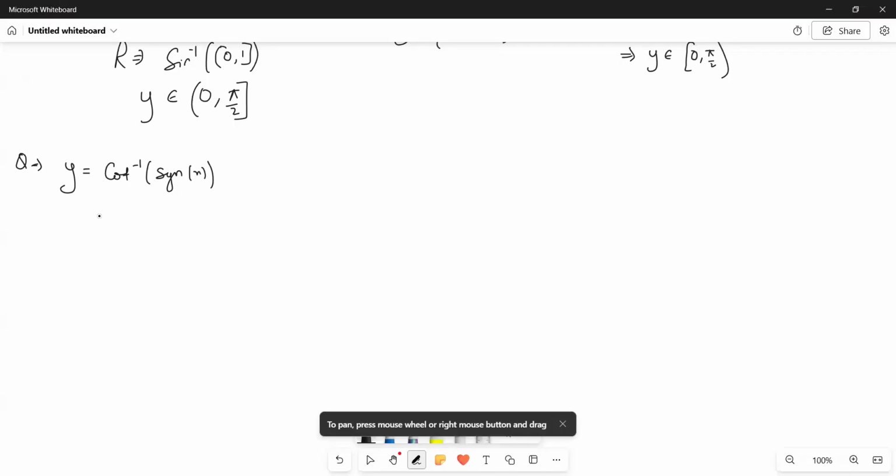Again, a very simple question. So signum x can only take three values, -1, 0, 1. And all of these three values are valid for cot inverse, because the domain of cot inverse is all real numbers. So the domain of this function will end up becoming all real numbers.